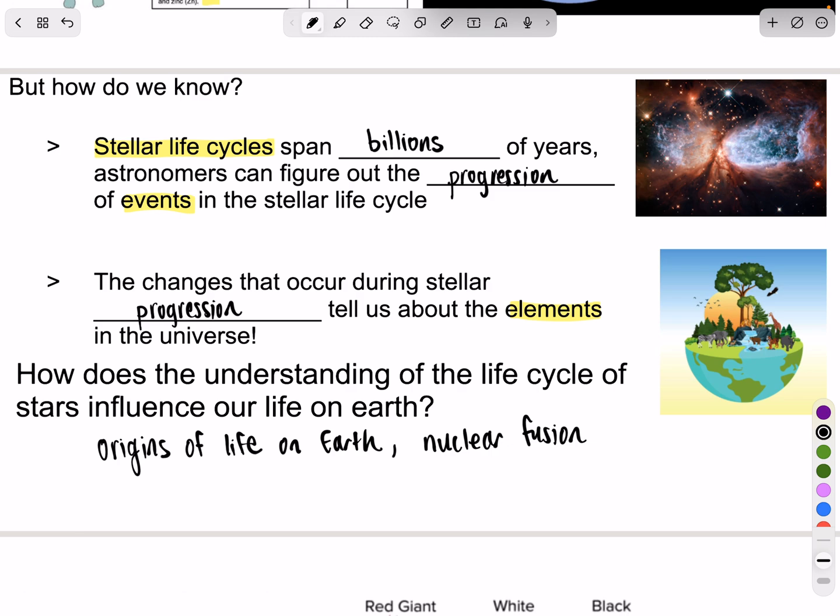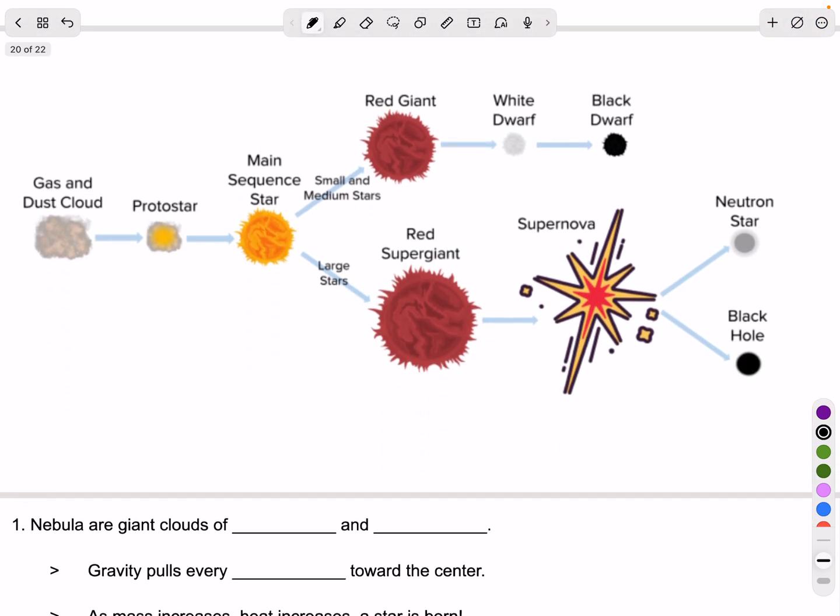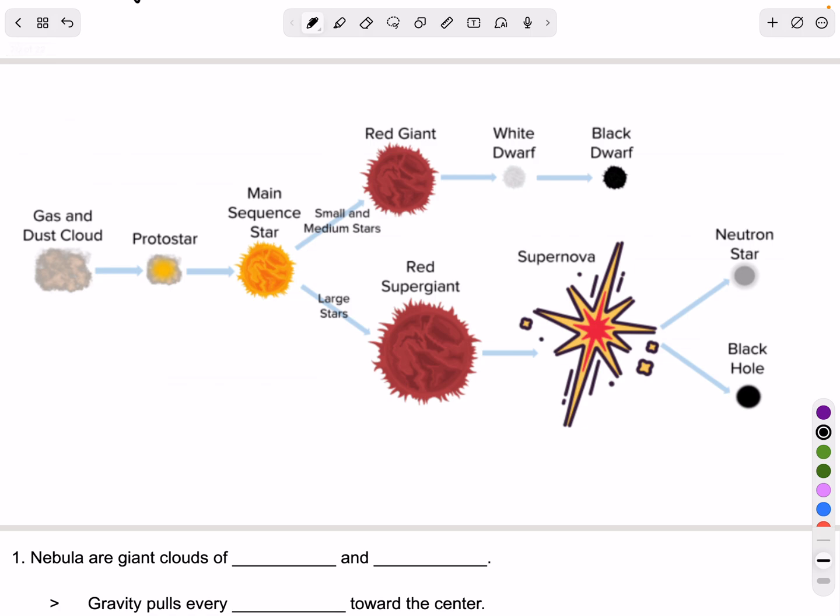But when massive stars die in supernova explosions, they're going to scatter elements across the cosmos. And then these elements become incorporated into new stars, new planets, and eventually living organisms. Really crazy, insane things. I'm telling you, this is one of my favorite things to learn about.